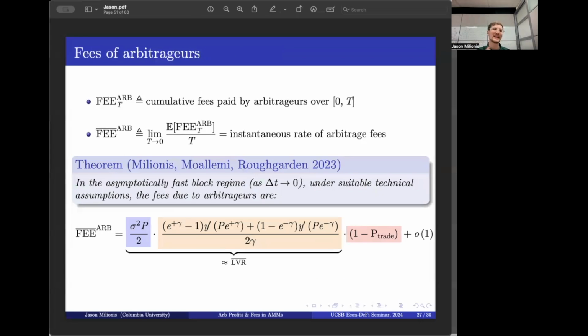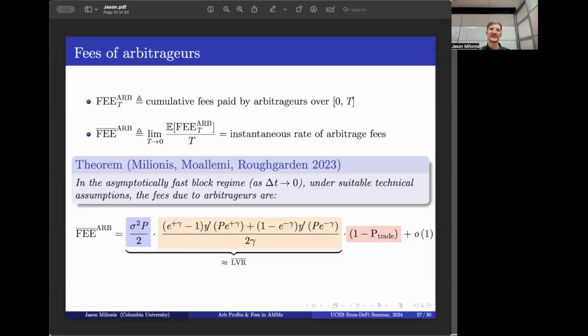So let's now do the analogous thing that we did before, but with fees. I won't go through the details, but I hope you believe me that if you look closely, you'll get the following interesting result: the fees that are taken from the arbitrageurs are essentially whatever remains from lever when you subtract the arbitrage profits. The instantaneous rate of fees taken from arbitrageurs is roughly lever, or again some approximate value of lever, times 1 minus P trade.